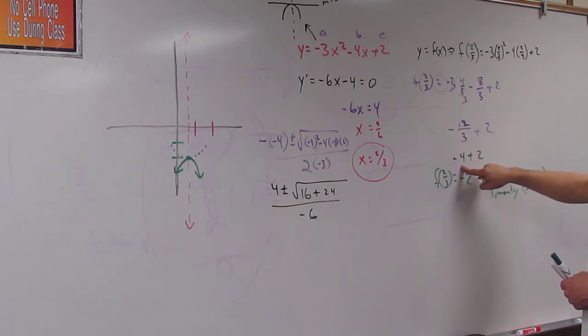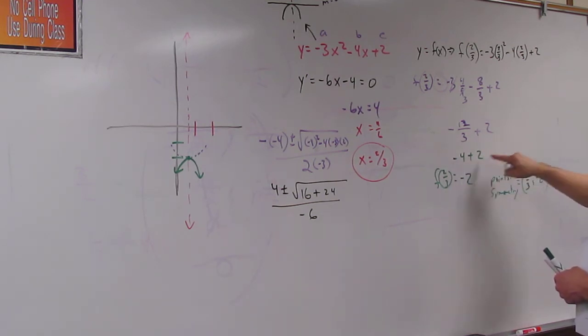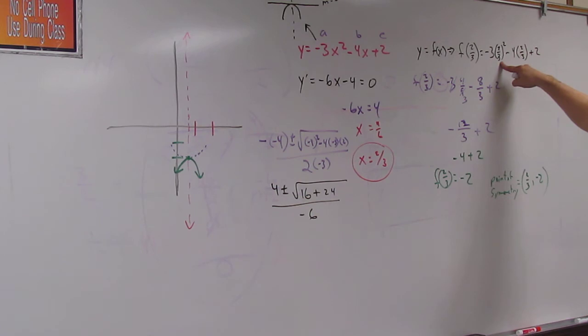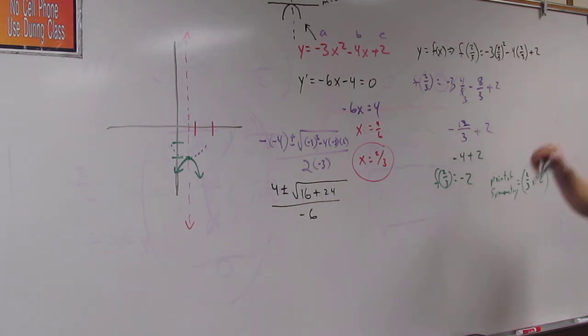So that's 4. And that's a positive 2. And that's correct. Wait. Did you not square something? In the top, something's supposed to be squared. Negative 3, yeah. x squared, unless that's not the point of symmetry, which it must be, right? Is it -2/3? It is. That's where it went wrong.